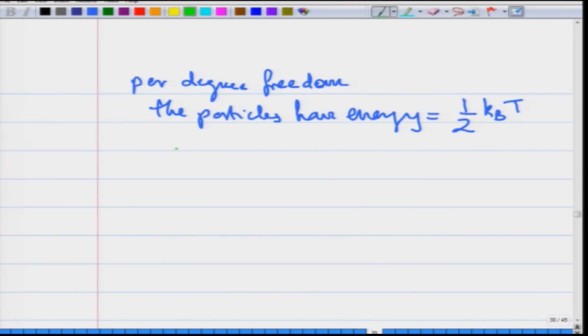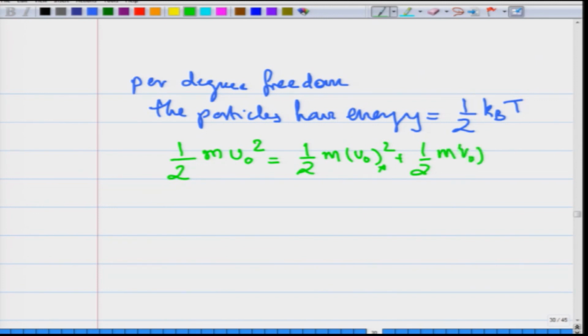So, then the average m V naught square, which is the kinetic energy, the electrons only have kinetic energy and V naught is the average speed of the electrons inside the metal, m is the mass of the electron, can be written as half m (V naught x) whole square plus half m (V naught y) whole square plus half m (V naught z) whole square, and each of these terms is the energy associated with each individual degree of freedom, because the electron can move along the x, y or z direction, and each of these, because of the Maxwell-Boltzmann distribution, can be replaced by half kBT.